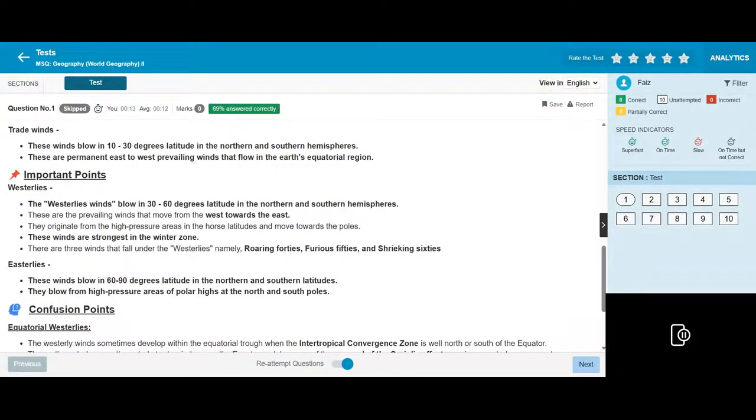Westerlies. The westerly winds blow in 30 to 60 degrees latitude in the northern and southern hemisphere. These are the prevailing winds that move from the west towards the east.